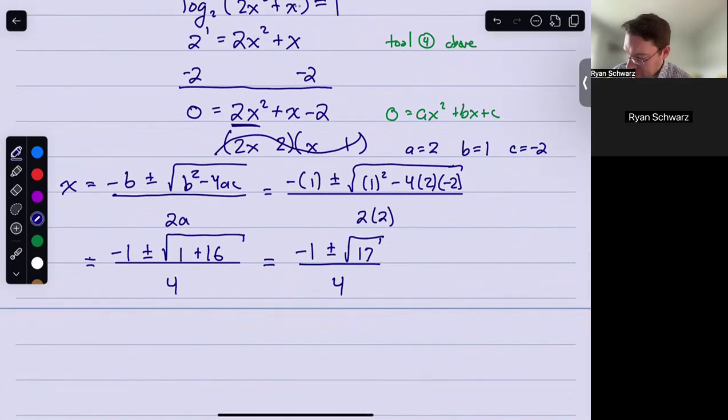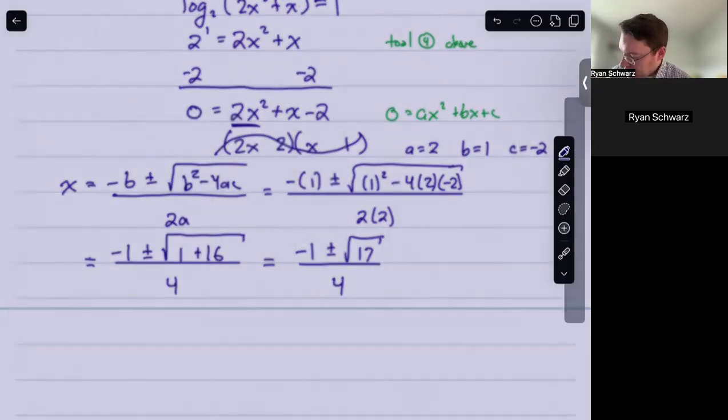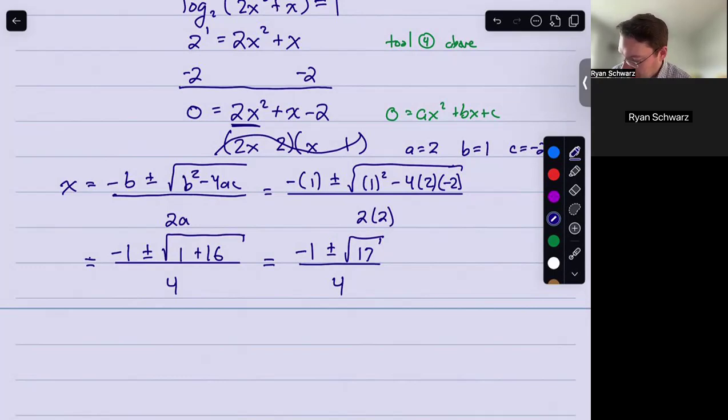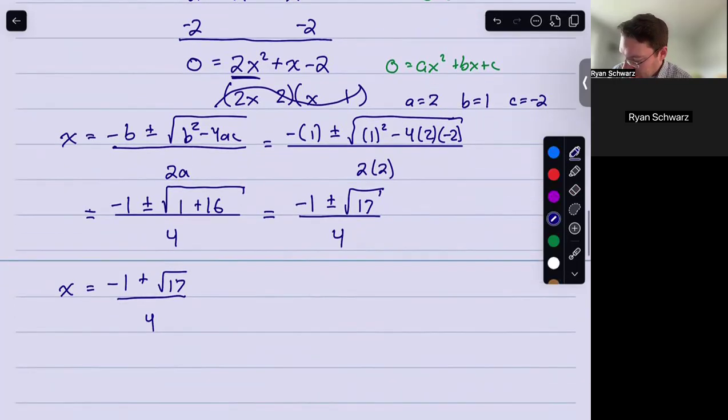But I do want to distinguish between the two values. So we have x equals -1 plus the square root of 17 over 4. And I also have x equals -1 minus the square root of 17 all over 4.